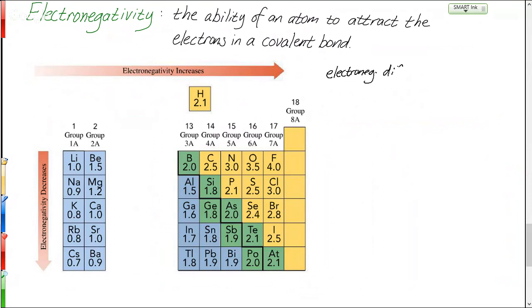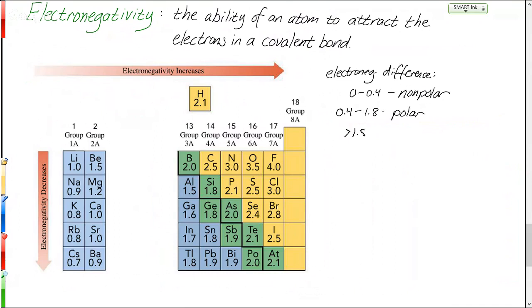So the electronegativity difference, if it's between 0 and 0.4, we call that nonpolar. So there's no pulling of the electrons in one direction or the other. If it's between 0.4 and 1.8, we call that polar. That's when we're saying there is this pull of the electrons that leads to a positive and a negative side.